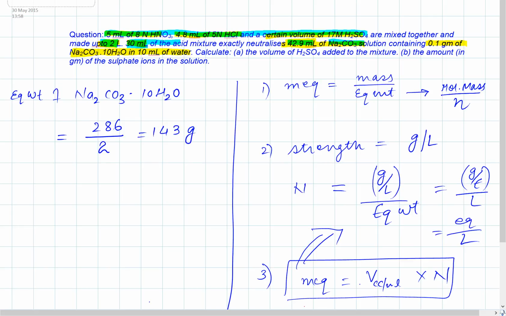That's the equivalent weight. What you are also given is the strength of Na2CO3, which is 0.1 grams in 10 milliliter. So in 1 liter you will have 10 grams, that is 10 grams in 1000 milliliter.